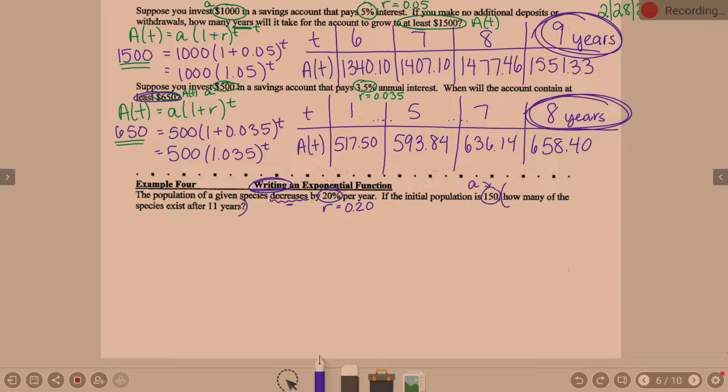Okay, so with all of that in mind, I'm going to use our basic equation we have been using. A of t equals A times 1 plus r to the t. A of t is what you're trying to find, right? If we're just trying to write an equation, we're trying to find the amount after t years. A, my initial value, is 150.